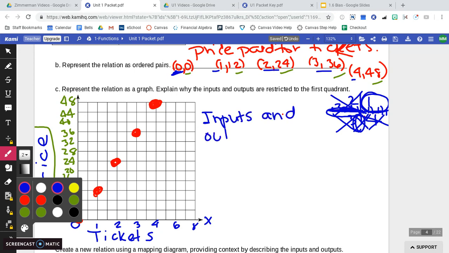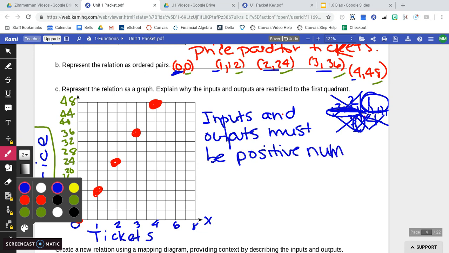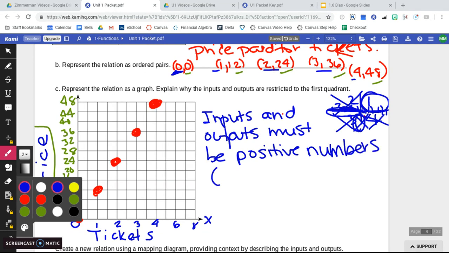So inputs and outputs must be positive numbers, which is where they would fall in quadrant 1. Everything there is positive, so quadrant 1 just in parentheses there.